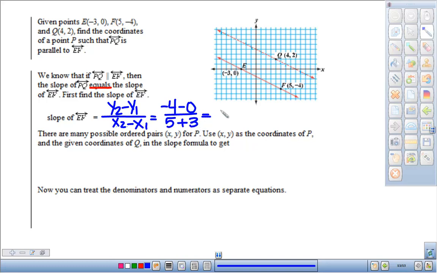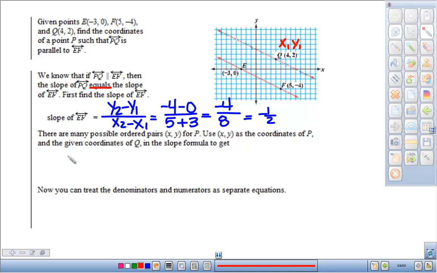So -4 minus 0 is still just -4, and 5 plus 3 is 8. This can reduce. 4/8 is 1/2, and don't forget your negative. So -1/2. So we want our slope to be negative 1/2. Now we know one of our points is Q. We can call this x1, y1, and we're trying to find x2, y2.